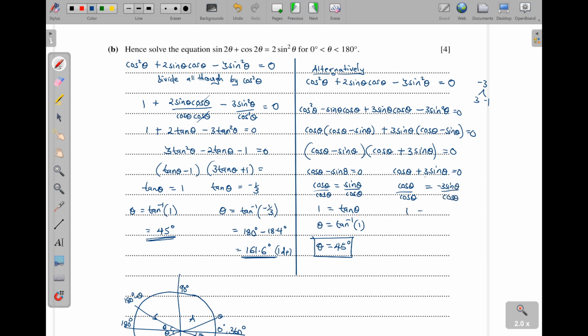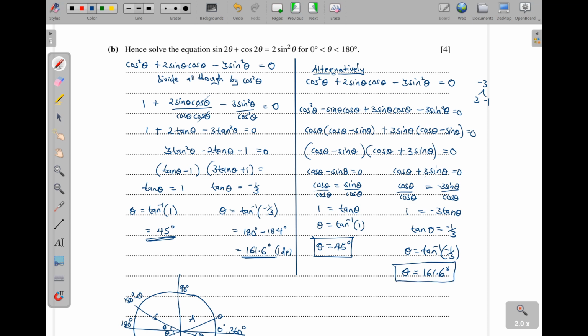So this is 1, and then -3 tan of theta. Then when we divide through by -3, tan of theta is going to be equal to -1/3. You see that? So theta is going to be the arctan of negative a third. So do you see that you still get the same answer, 161.6 degrees?